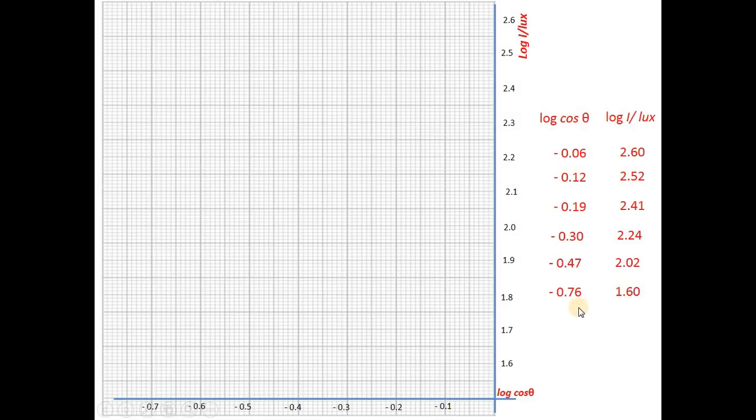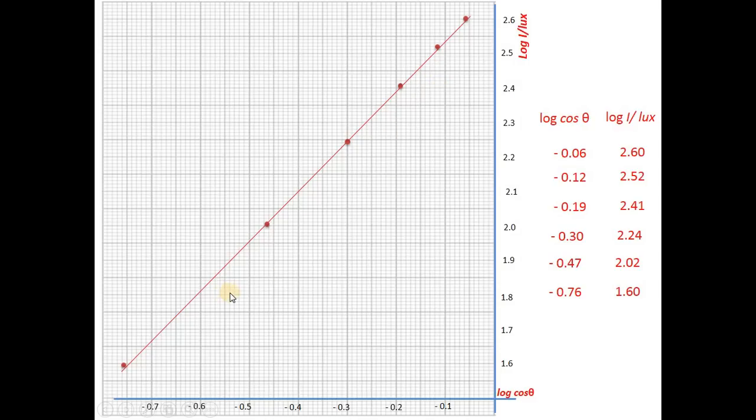So that's how you can choose your graph, your values and your scale, and you can plot your corresponding points here and then draw the line of best fit. Remember, you must show the values on the x-axis with the unit.